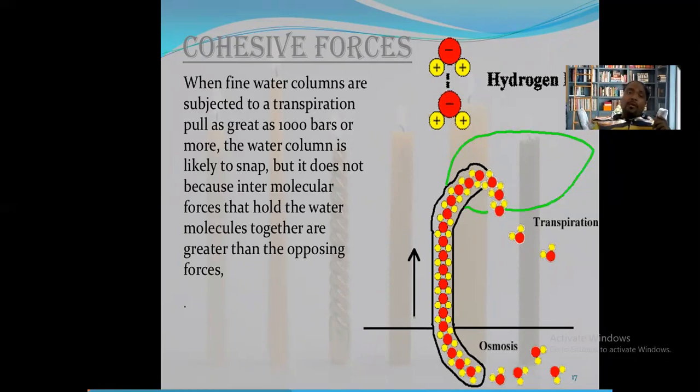When the fine water columns are subjected to a transpiration pull as great as 1000 bars or more, the water column is likely to snap, but does not, because the intermolecular forces that hold the water molecules together are greater than the opposing forces. Because of that, the water column is maintained there.